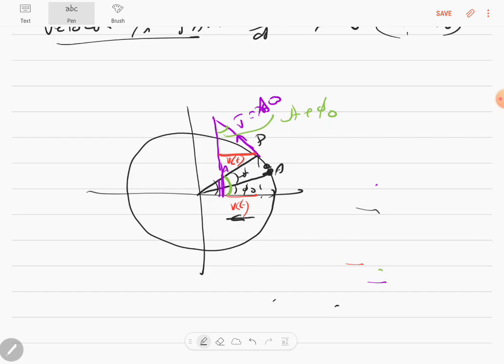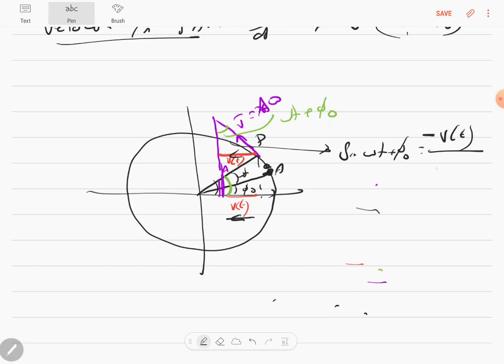Velocity is towards the mean position in oscillation. So to find this, take this right triangle and write sin(omega t plus phi naught) equals v of t, which is actually directed towards the center, the negative x direction, by the hypotenuse.